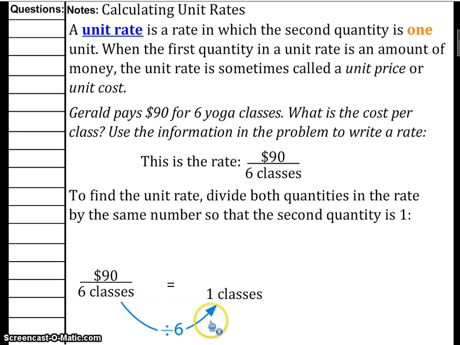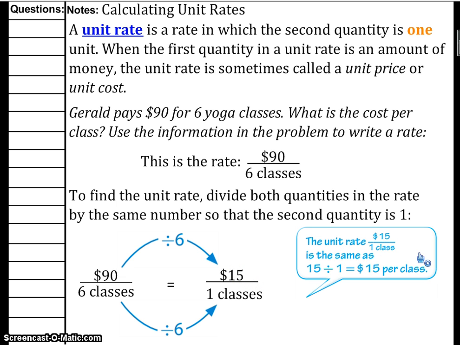What you do to the denominator, you have to do to the numerator. So $90 divided by 6 equals $15. So the unit rate is $15 to 1 class, which is the same as saying 15 divided by 1, which equals $15 per class.